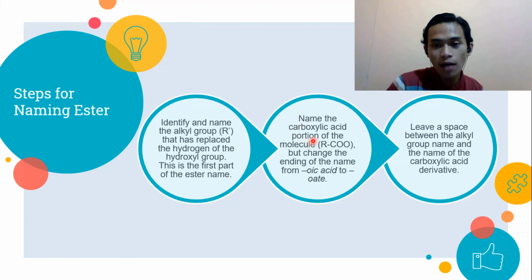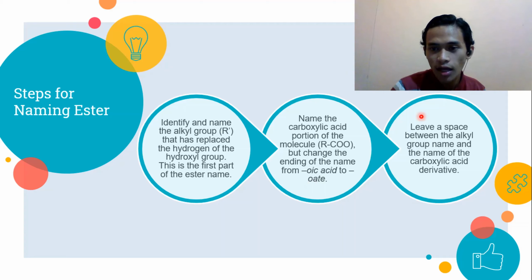Second, name the carboxylic acid portion of the molecule, COO, by changing the ending of the name from -oic acid to -oate. For example, ethanoic acid, after removing the H and replacing it with the alkyl.